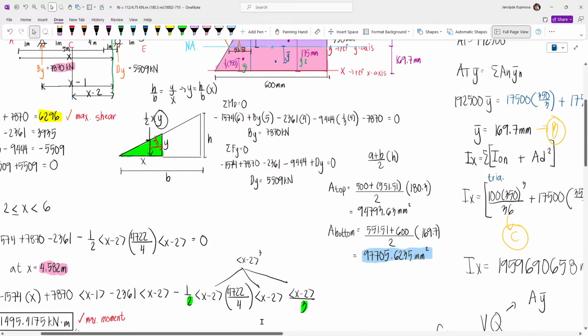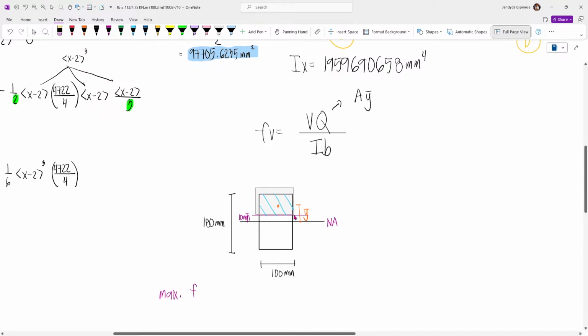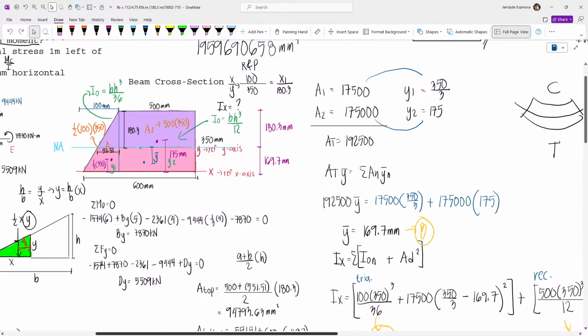Again, going back here, from the centroid of the area to the neutral axis, that is your y bar.